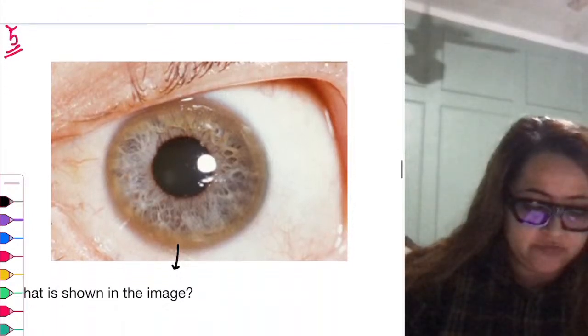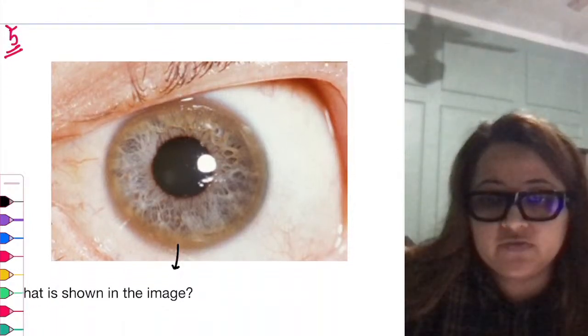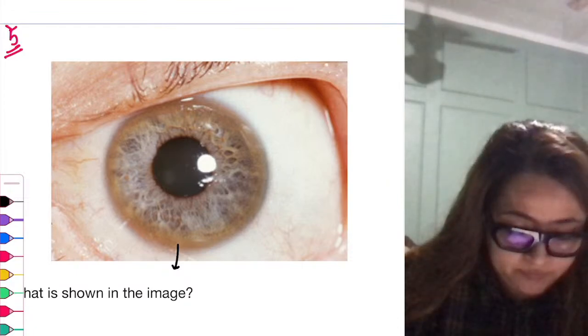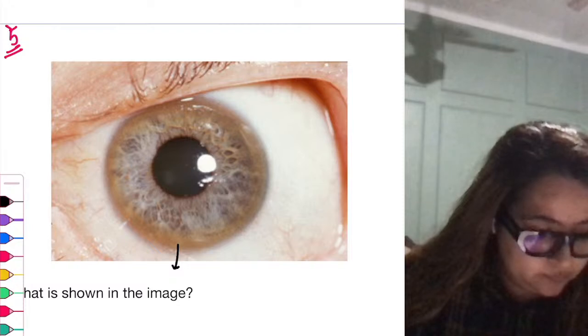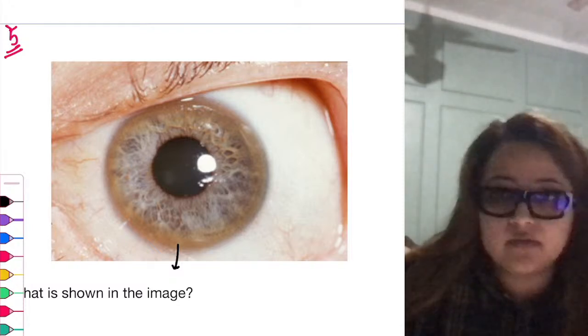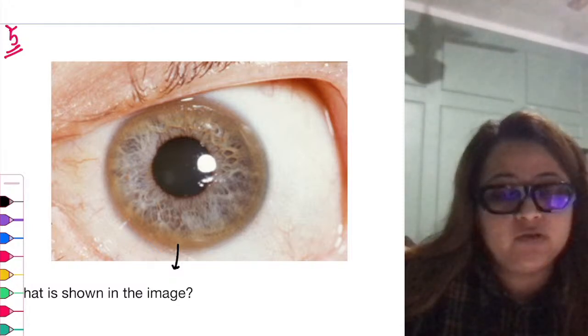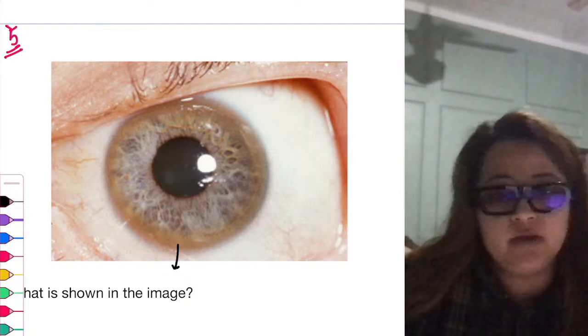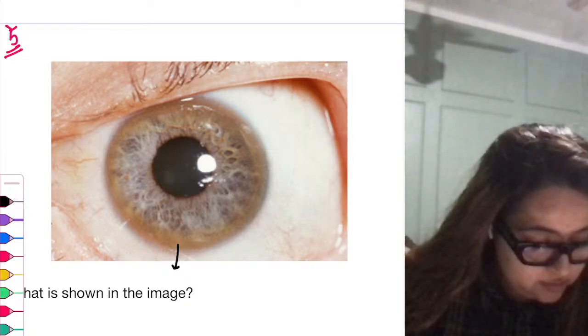Now moving on to image 5. So what do you think? What is given in this picture? Yes. So this picture is important for every exam, for the INICET, NEET PG, USMLE, okay? So what is this?